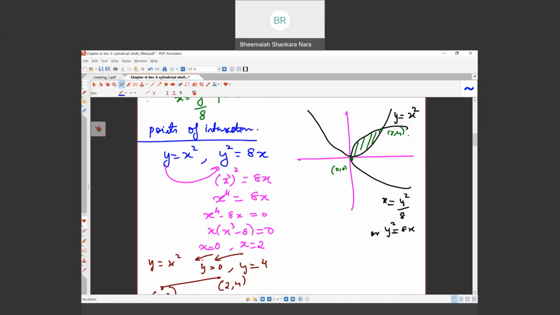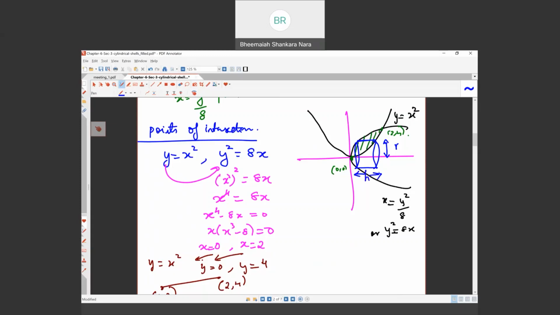When you rotate this region about the x-axis, the geometrical solid you get is this. Let me name the radius here as r, and let me name this distance here as h.